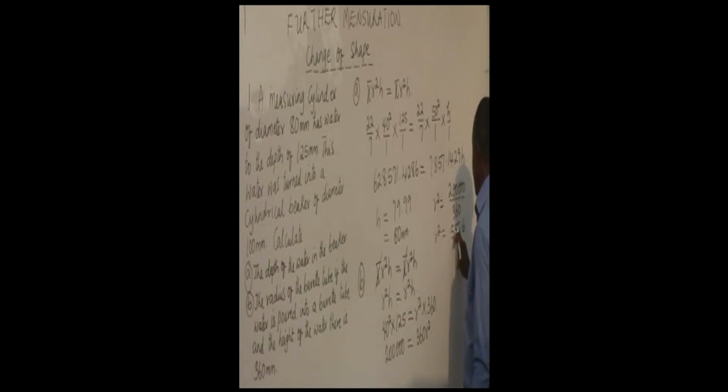If r squared is 555.6, then r is going to be the square root of 555.6. And it's giving me 23.5712 in 4 decimal places. We are finding r, so it's going to be in millimeters. And that has answered question number B of our first question on change of shape under our further mensuration topic.